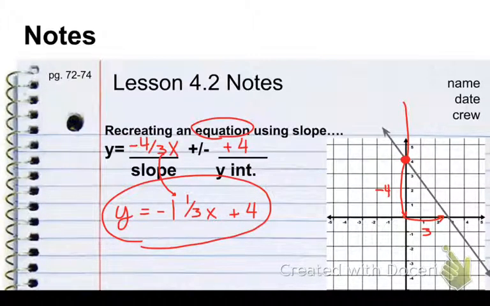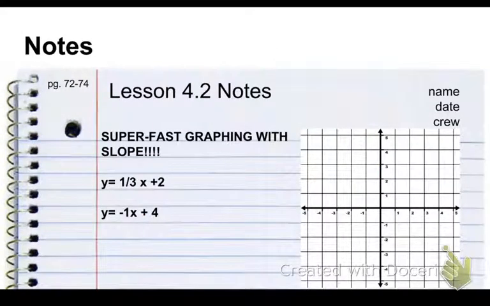And that's my equation. I give you permission right now to pause this video and put this into a graphing calculator and see if you don't get something that looks an awful lot like this. You will. Probably.